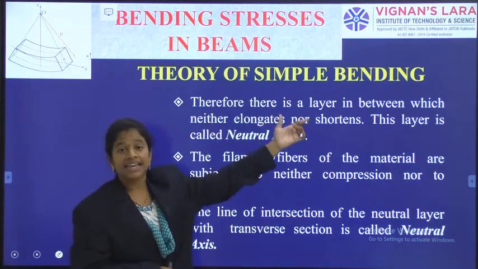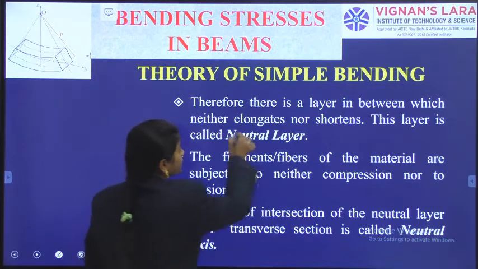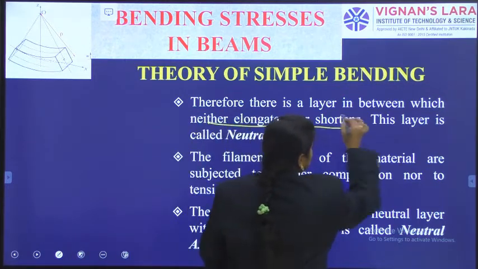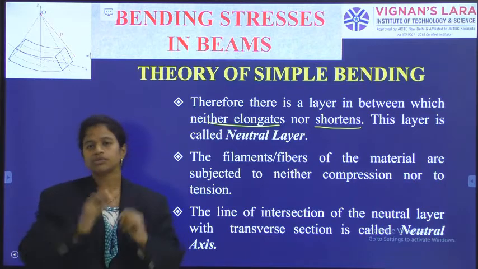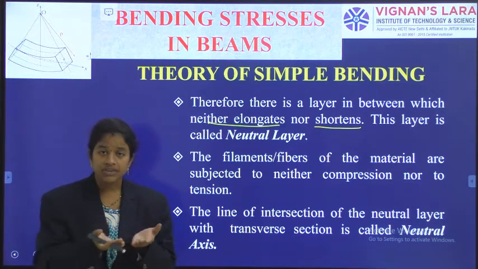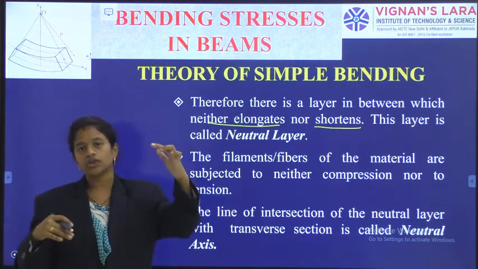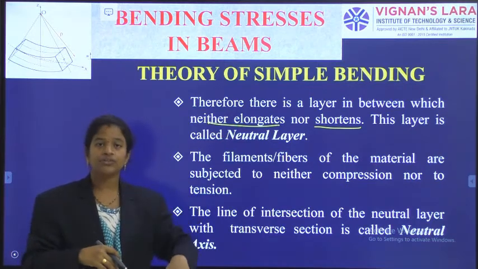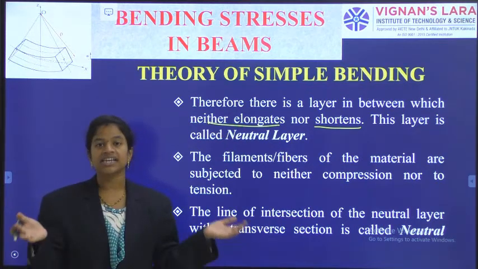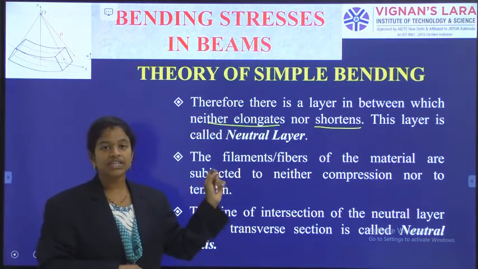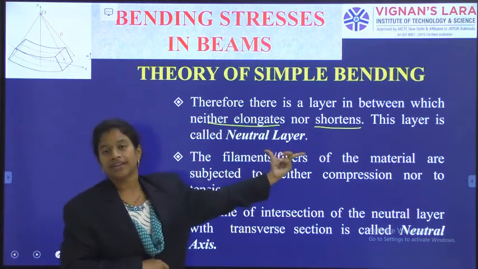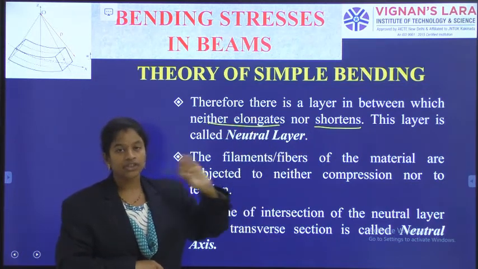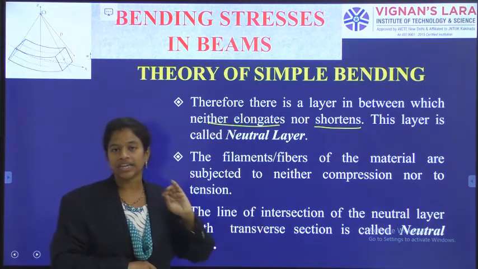Therefore, there is a layer in between with neither elongation nor shortening. We observe some shortening at the top and some elongation at the bottom. In between the top layer of shortening and the bottom layer of elongation, there is a layer with zero elongation. That layer is called the neutral layer, without any elongation or shortening.